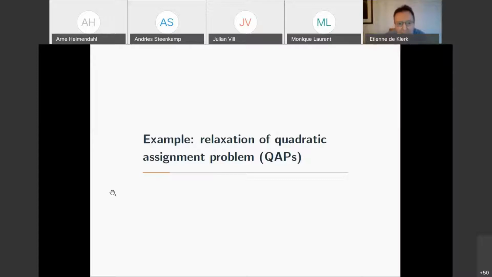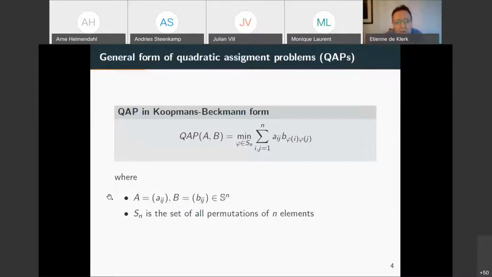This is called the quadratic assignment problem. It's a problem defined by two matrices, a matrix A and a matrix B. Let's say they are symmetric matrices.